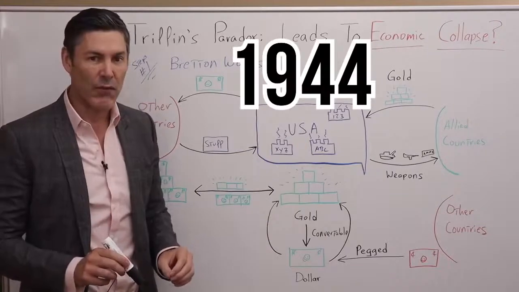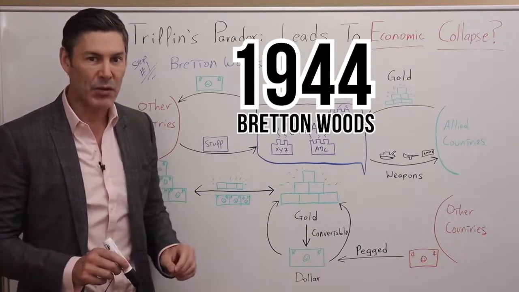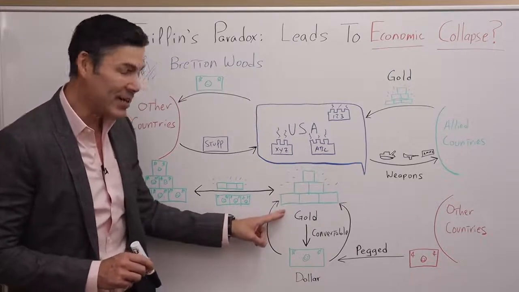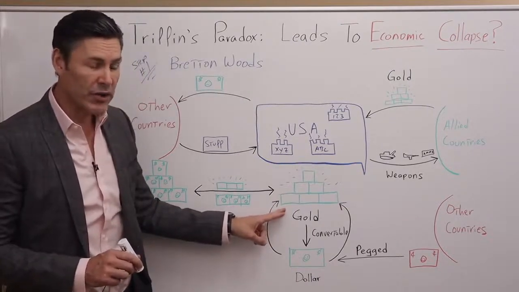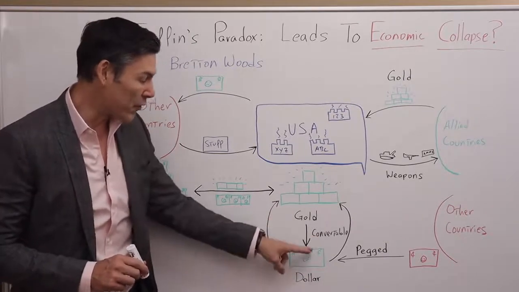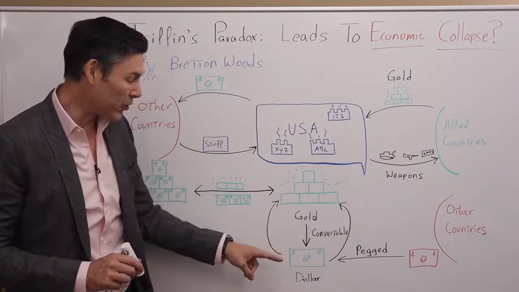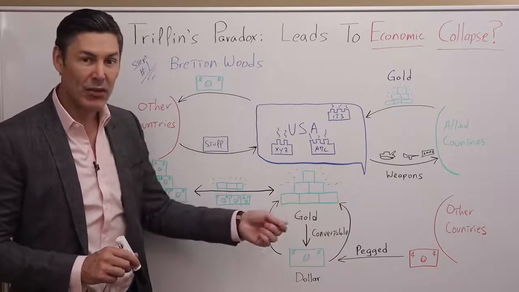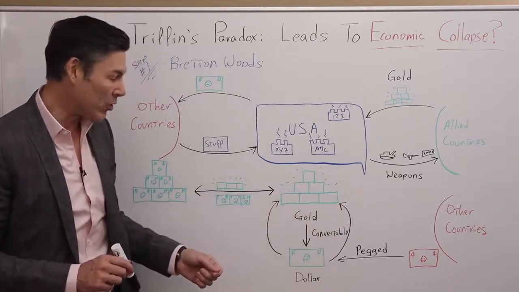So in 1944, Bretton Woods came in with a new monetary system. They looked at this and said, okay, the United States has all the gold, so we're going to make the dollar redeemable or convertible into gold. So if you take your dollars, go down to the nearest bank or the Fed, they'll give you the equivalent amount of gold.